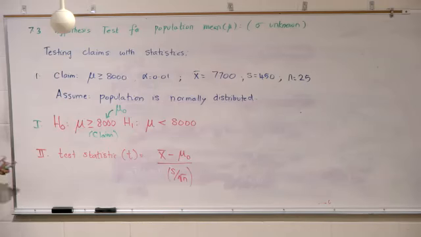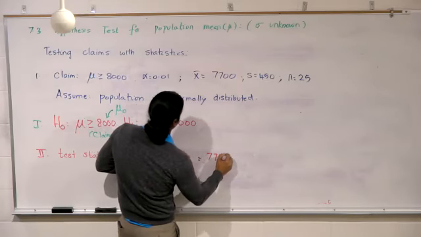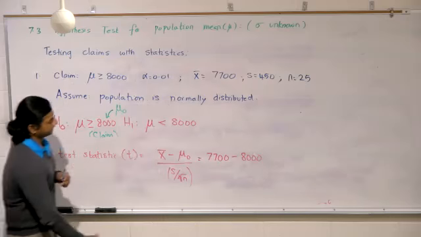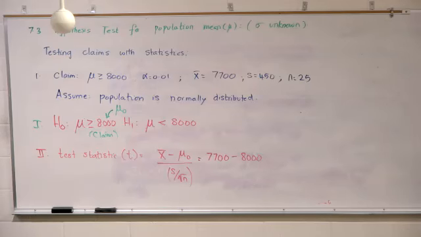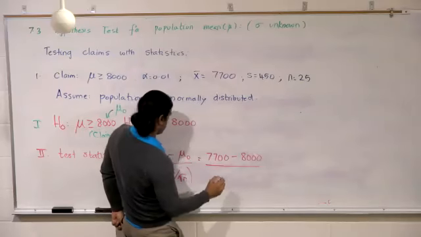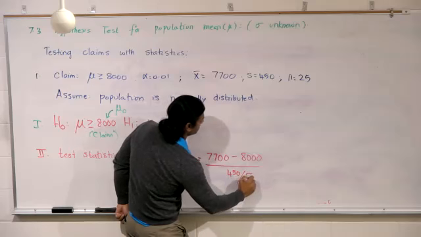So the sample mean, 7,700, minus 8,000, divided by 450 over square root of 25.